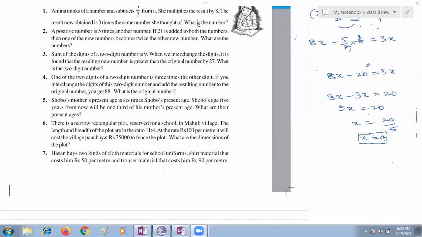When we interchange the digits, the resulting new number is greater than the original number by 27. What is the two-digit number?